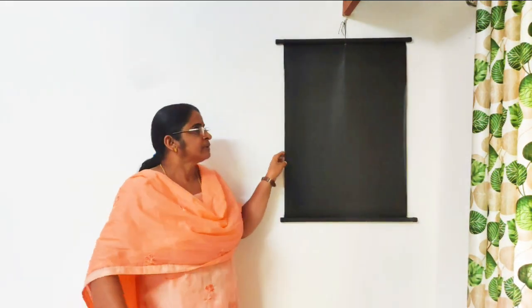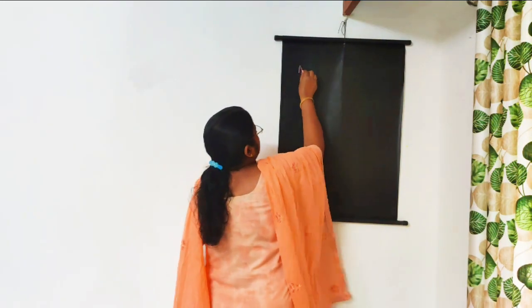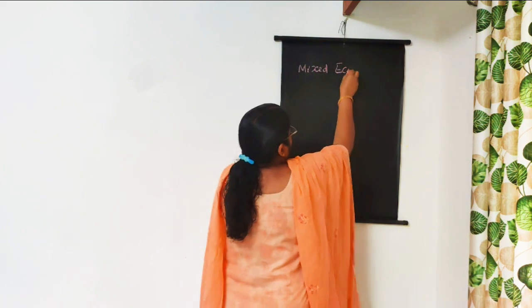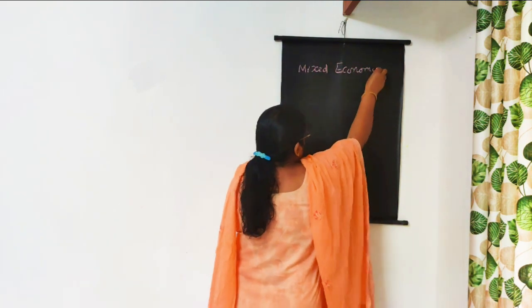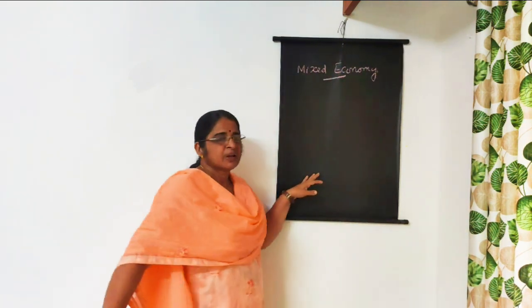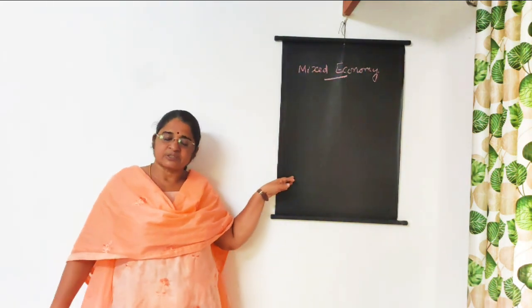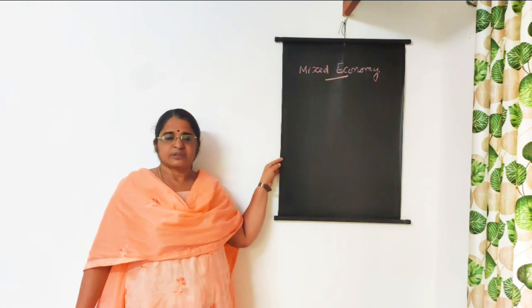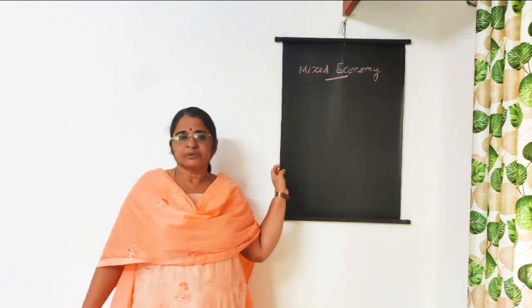The example for capitalist country is America. Then mixed economy. Our country is a best example for mixed economy. India is a mixed economy.